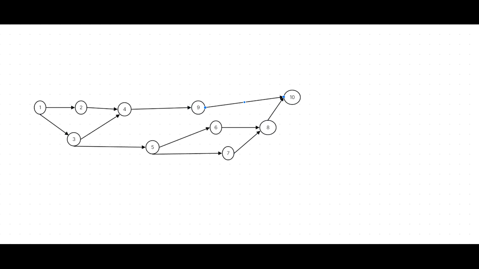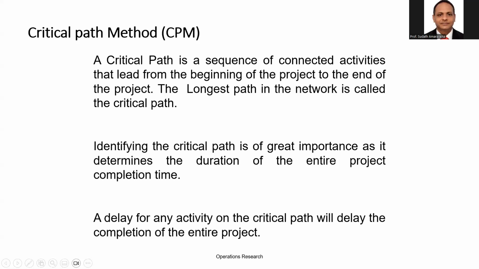Before next week, I think it's much better for everybody to get the real knowledge of how to draw the network diagram correctly. That's very important. Then after that, we can go to the rest of the part, I mean the CPM method techniques. I'll start from next week. How to apply the CPM method to find the entire project completion time.